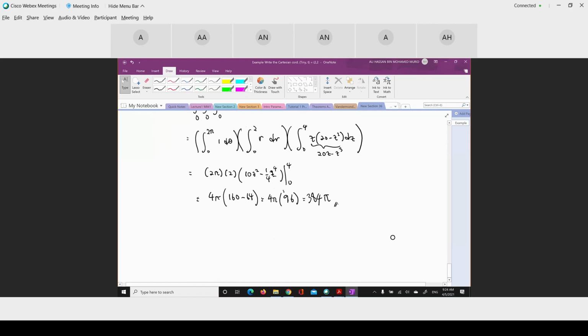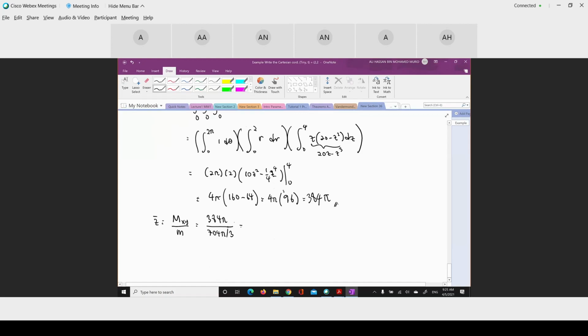Okay, now we can calculate z bar. Z bar is the moment Mxy divided by m. So Mxy is 384 pi, and previously we calculated the mass as 704 pi over 3.